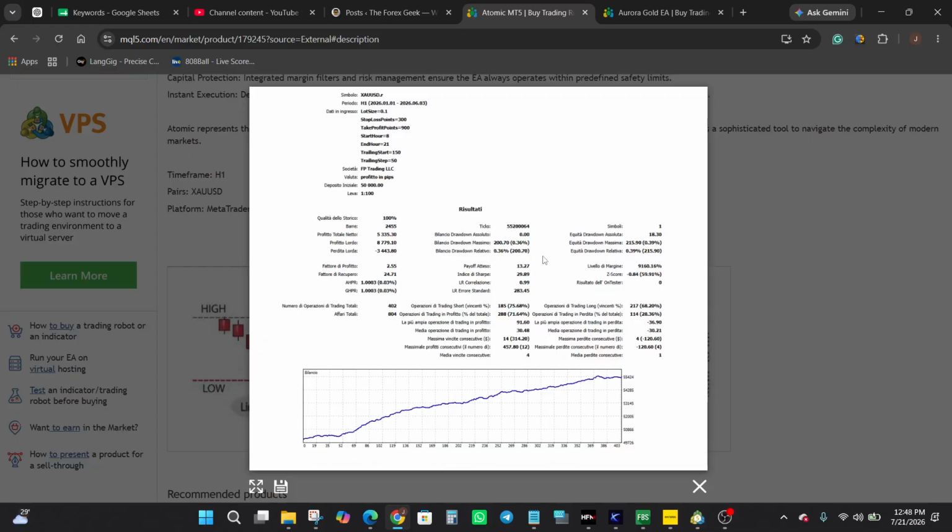Maximum balance drawdown 0.36%. Now, looking at the balance curve here, it shows steady growth over time. So this looks like a promising one, right? It was over 10% profit between 1st January 2026 and 3rd June 2026.